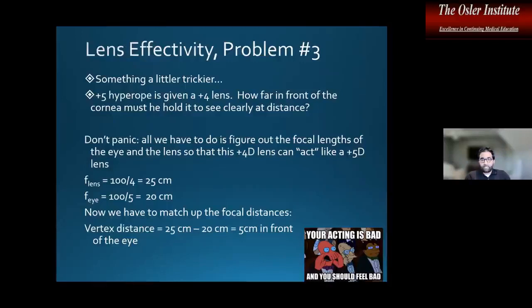So in other words, even though this patient is a 5 diopter hyperope and we've given them a 4 diopter lens, if they hold it 5 centimeters in front of the eye, this 4 diopter lens can act like a 5 diopter lens. And that makes sense. We said when you move the lens away from the eye, it's going to gain additional plus power.